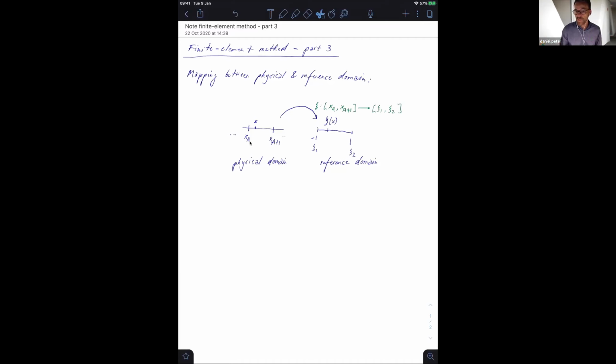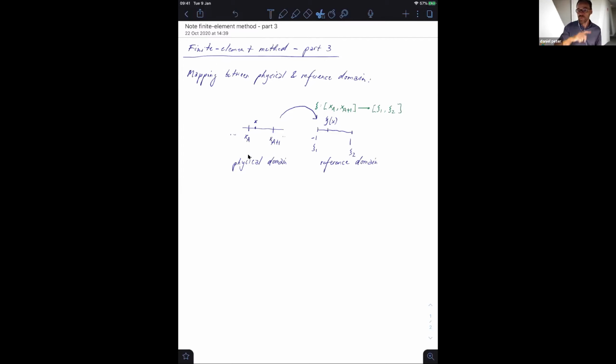Then why are we going to do that? It's mostly because in the physical domain, the elements can all have different shapes, different sizes, different positions, etc. So you saw in your little homework where you had to compute the stiffness matrix elements, that if you do that in the physical domain, you have to keep track of all the boundaries of the elements, etc. And so this mapping tries to make this more elegant, because now we're going to compute the integral expressions always in that reference domain.